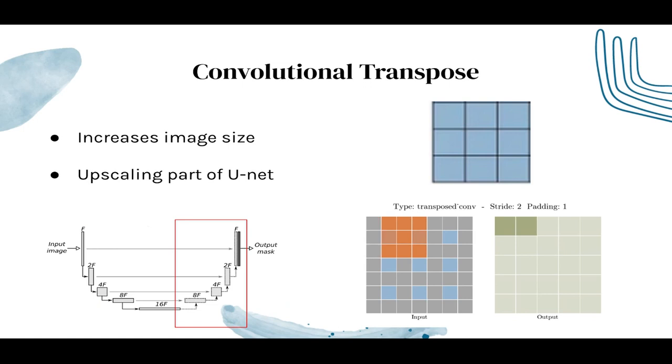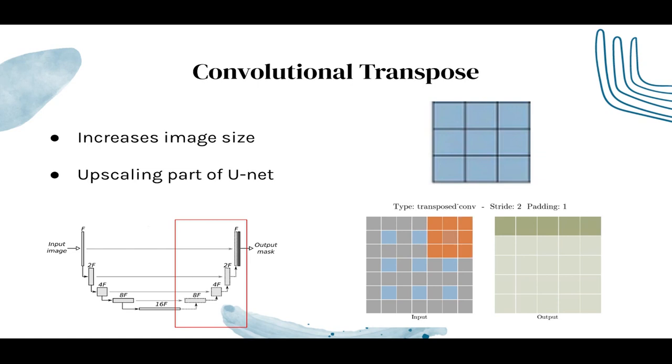So now we've finished the downscaling portion of our UNet and we have a low resolution image, and we want to bring it back to our original resolution. To do this, we're going to use convolutional transpose layers. These work by taking our initial image, which are the blue pixels, and adding a bunch of empty pixels around them. Those pixels literally just serve to increase the resolution so that we have a new picture that is upscaled.